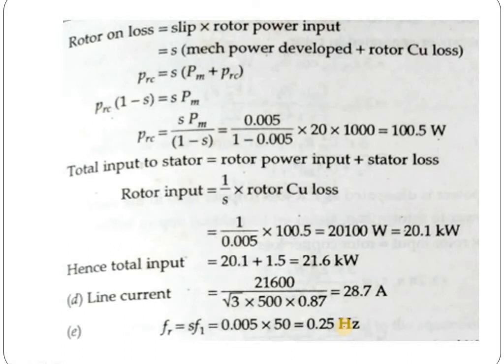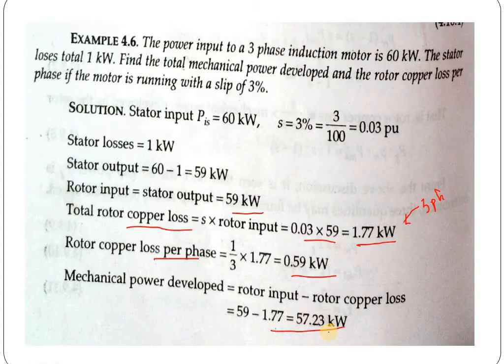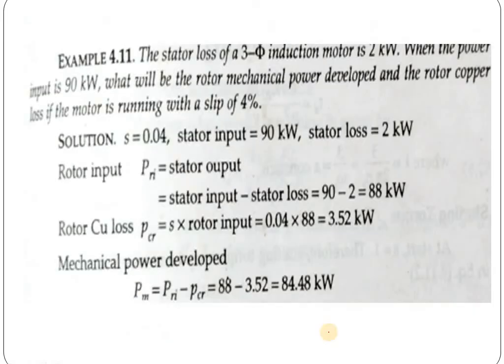So it will be S into mechanical power developed plus rotor copper loss, so PRC equals S into PMD plus PRC. Calculating that, we have got this relation. Okay.